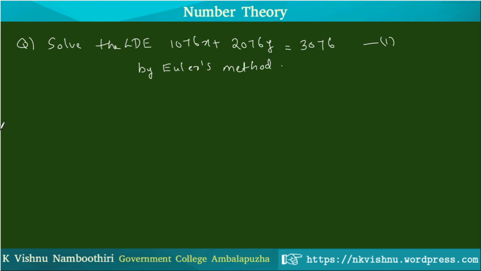Okay, in Euler's method what we usually do is we consider the variable with the least coefficient. So here we have variables x and y, and the variable with the least coefficient is x.